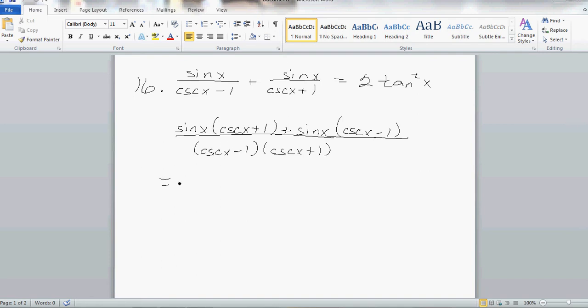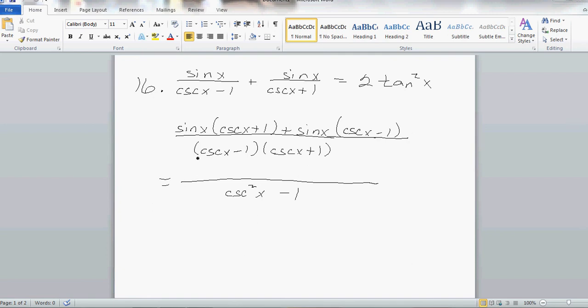Okay, I'm going to do the denominator first because it is just a little bit easier. Cosecant x minus 1 times cosecant x plus 1 is cosecant squared x minus 1. So we've got that simplified enough. And then we have to simplify these, or actually distribute them.